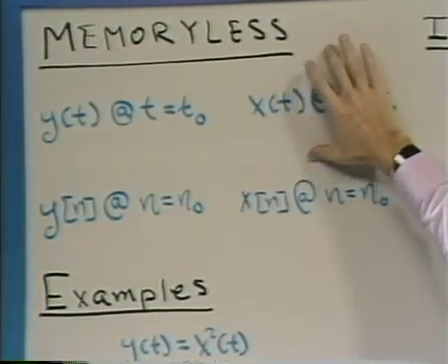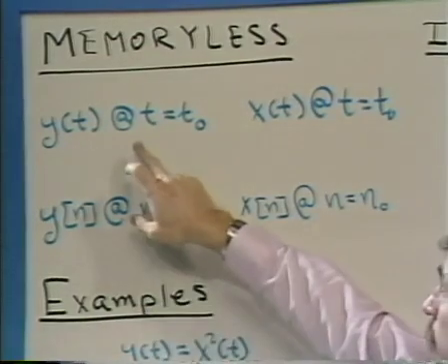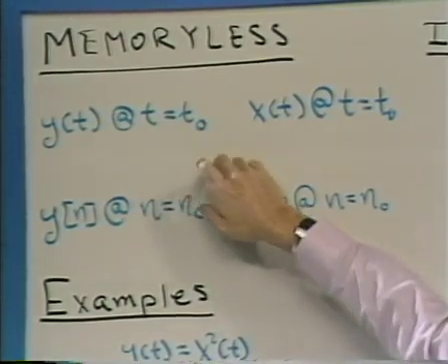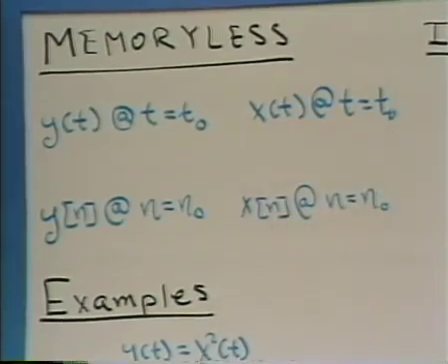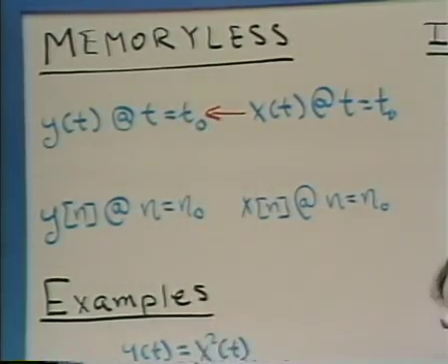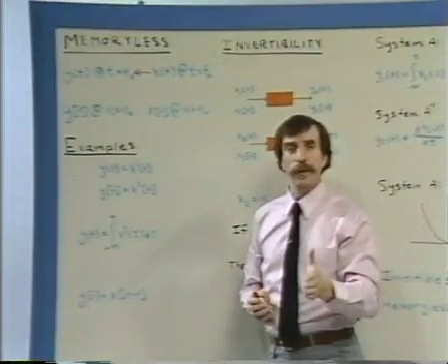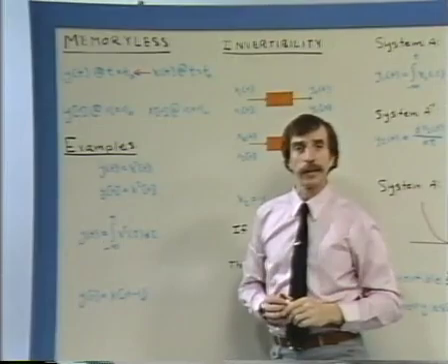And what I mean by a system being memoryless is that the output at any given time, t0, depends only on the input at the same time. So what I'm suggesting is that a memoryless system is one for which the output at a specific time depends only on the input at that time.